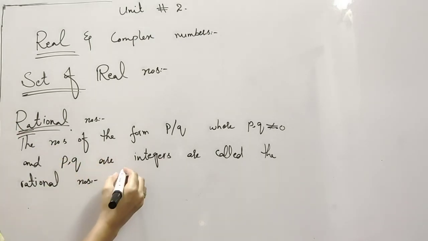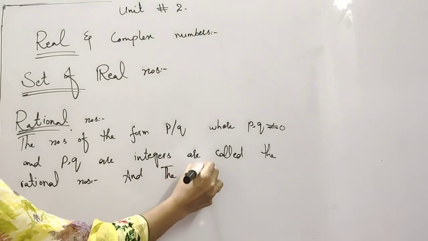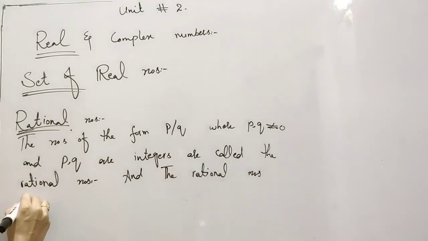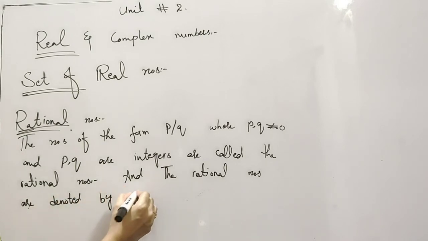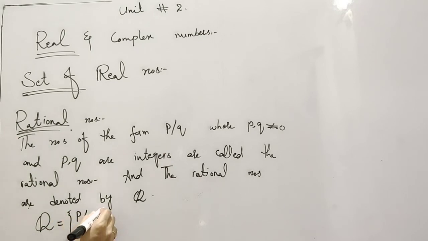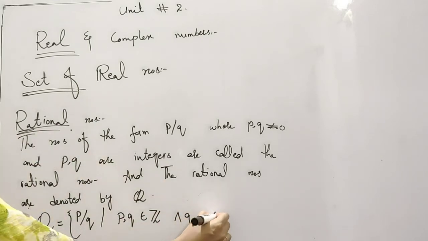And rational numbers are denoted by Q. So the set of rational numbers is equal to p over q, such that p and q belong to the set of integers and q is not equal to 0.